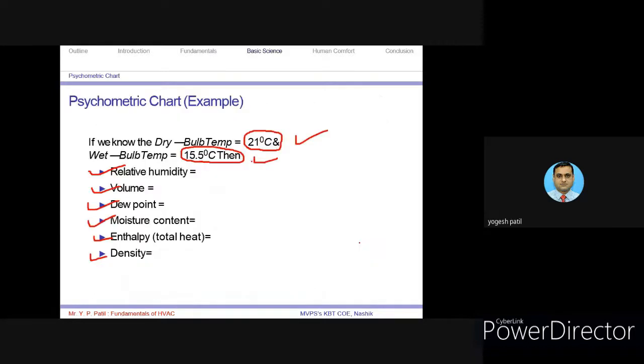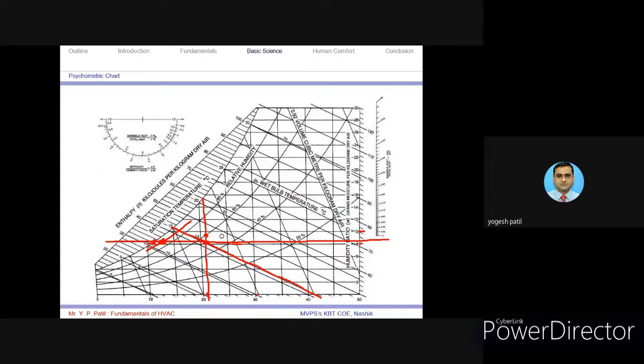So now next is enthalpy. This total heat we can also find from this particular wet bulb temperature line. If we extend this line to the upper scale, the scale opposite of the wet bulb scale indicates the enthalpy in kilojoules per kilogram of dry air.